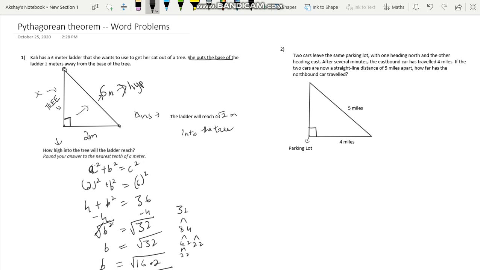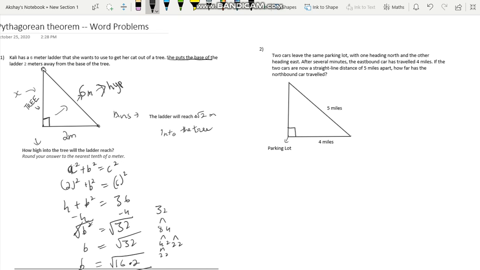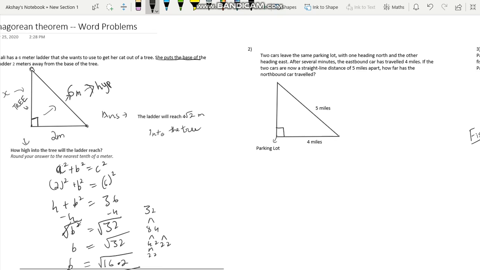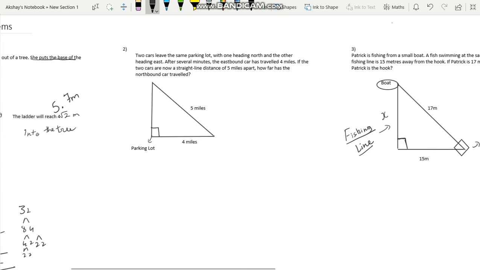There we go. Sorry about the handwriting there, but that's our answer. We can also write it in the form of a decimal. Our 4 root 2 in decimal, rounded to the nearest tenth, will give us 5.7 meters.